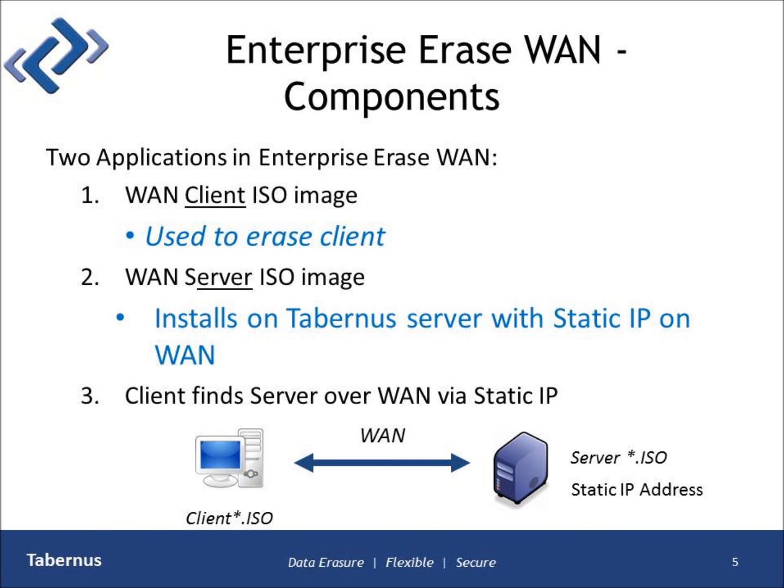It installs on your network and sits there as a static IP address. It can be a dedicated server, or it may operate as a static IP in a VM world, a virtual server as well. The bottom line is, with that static IP mechanism, whatever client gets erased on the wide area network will always find its licensing from the Tabernus static IP server, as well as always store its record with the static IP server.